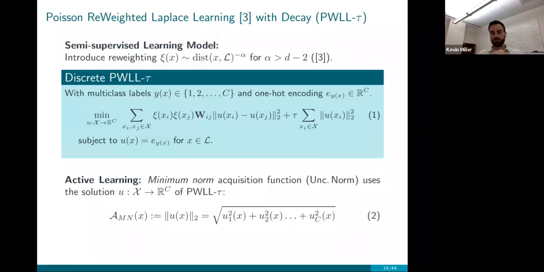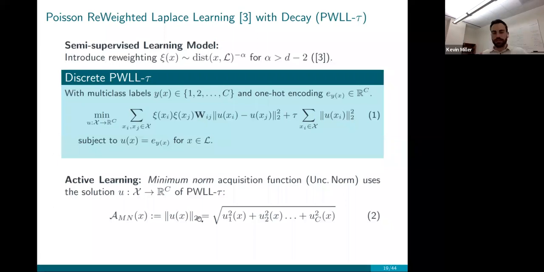The acquisition function we define then is what we'll call this minimum norm, which uses this node function solution at each node and just takes the 2-norm of that vector of outputs. So the rationale here is that as tau is positive, we're encouraging decay of these node functions as you go away from labeled points.